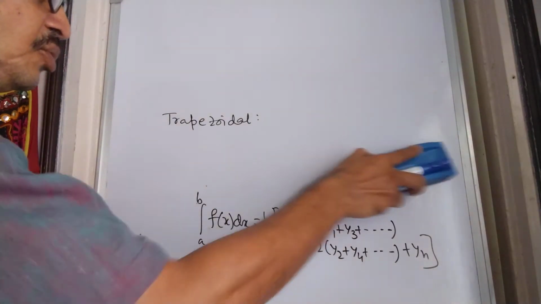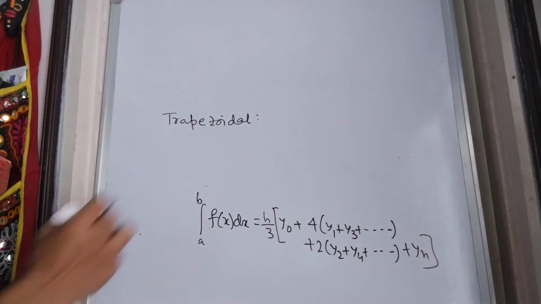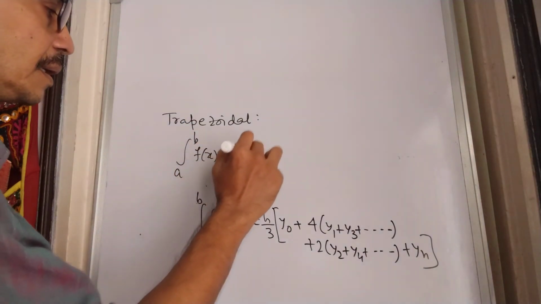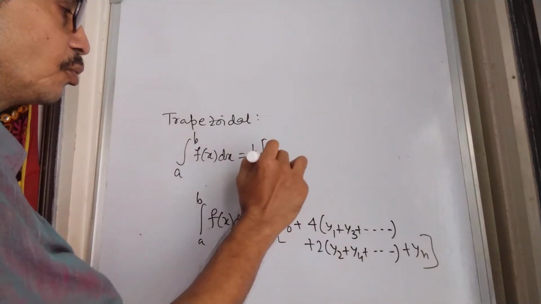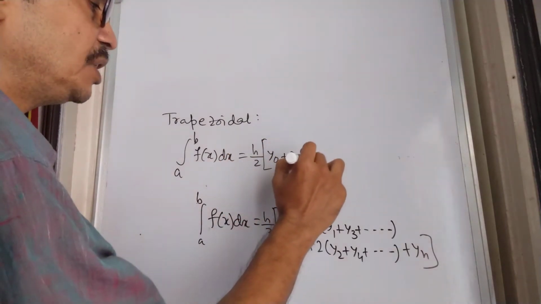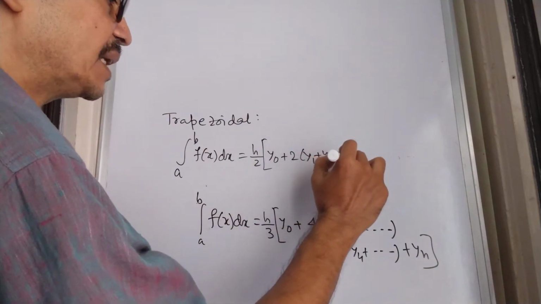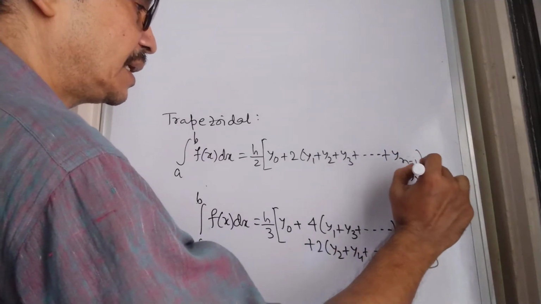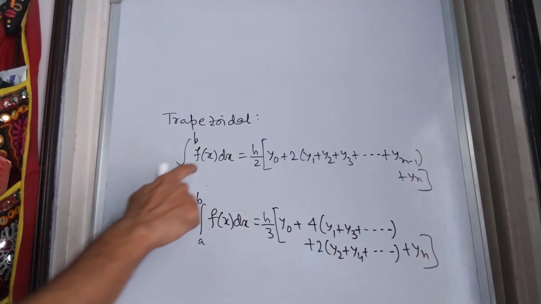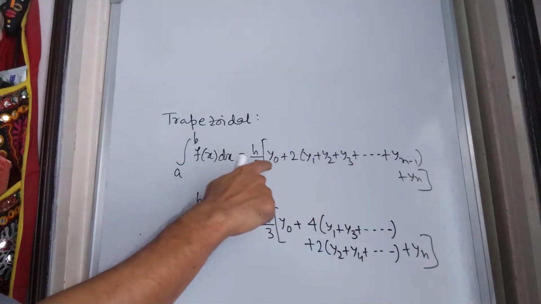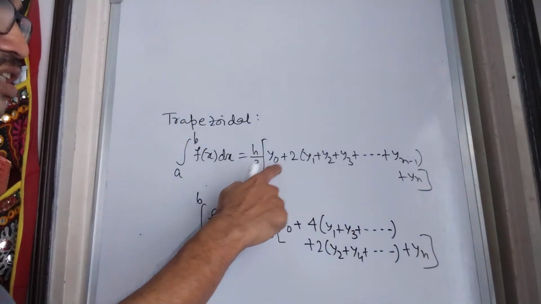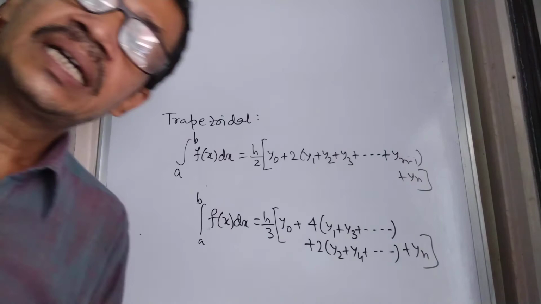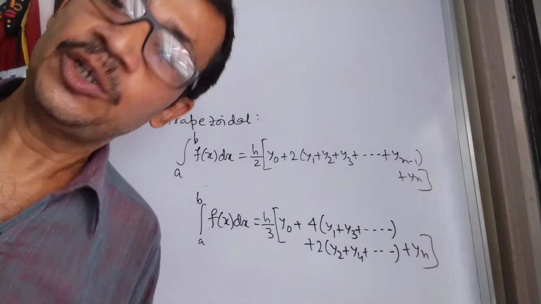In the case of the trapezoidal rule, a to b f(x) dx is given by h by 2 [y0 plus 2 into (y1 plus y2 plus y3 plus ... yn minus 1) plus yn]. Instead of writing this, I erroneously wrote x0, x1, x2, x3 and x in place of y. That was a very inadvertent mistake, for which I beg your pardon.